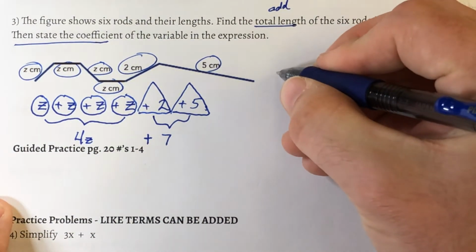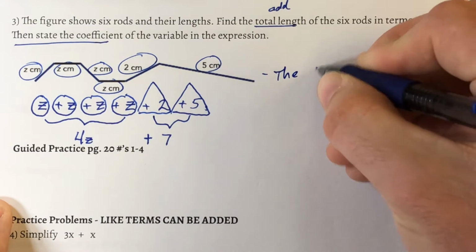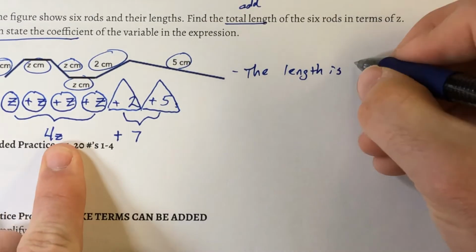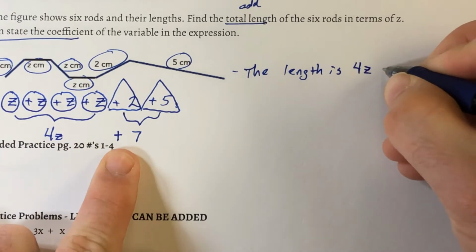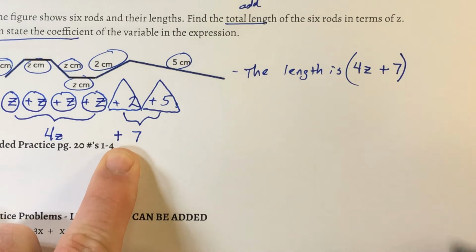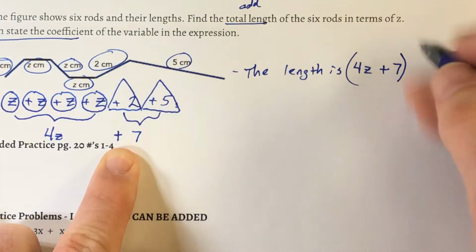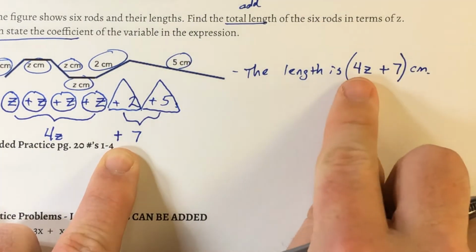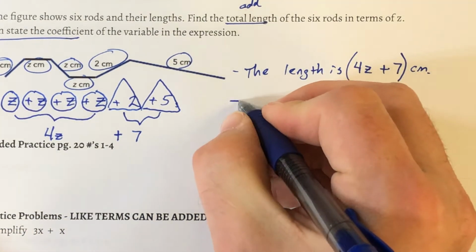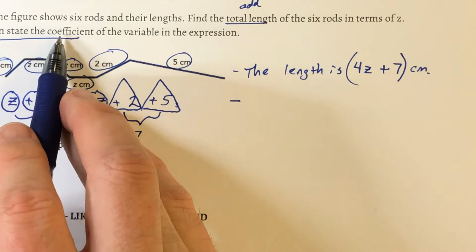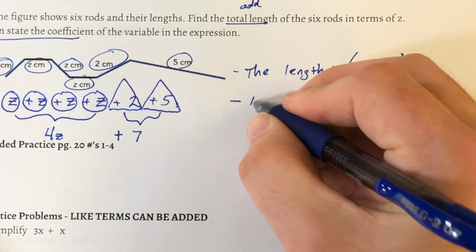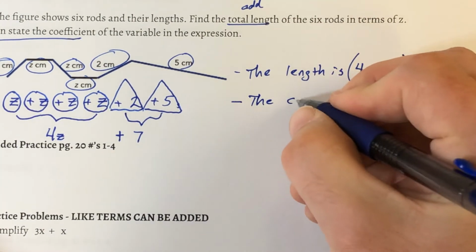So first answer, the length is (4z plus 7) centimeters. Why did I put parentheses around these? Because I have more than one term with a label. All right, second answer, state the coefficient. The variable z, what's the number in front of it? 4. So the coefficient is 4.